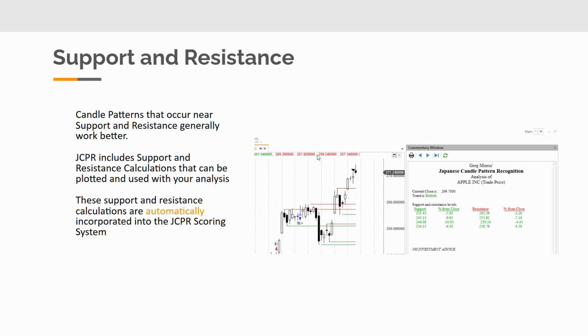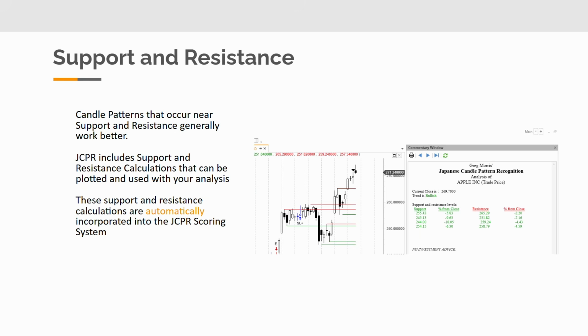Now, one of the big things that he does first, and we're going to get into some of this analysis and look at it on charts, is he looks at a lot of support and resistance. Because if you're looking at a candle pattern, and then you apply support and resistance, you'll generally see a better result, because you have a combination of support and resistance and a pattern.